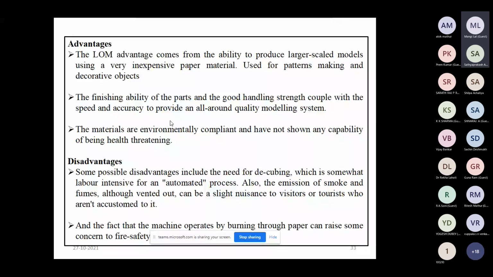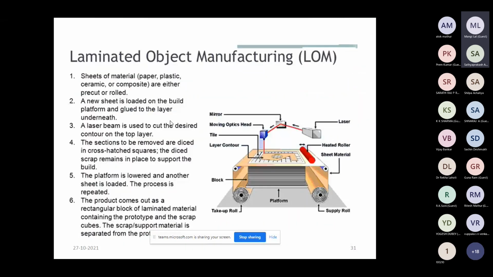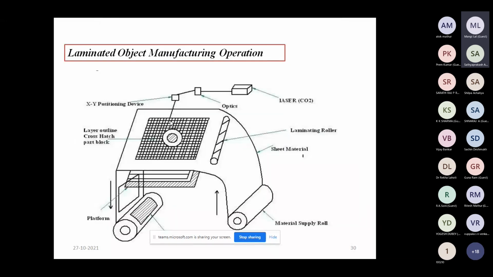But one of the disadvantages of laminated object manufacturing is decubing. Decubing means you have to remove the cross-hatched sheets from the main product. That is a typical process with some difficulties, because this cross-hatched pattern is also stuck from the first layer to the end layer.